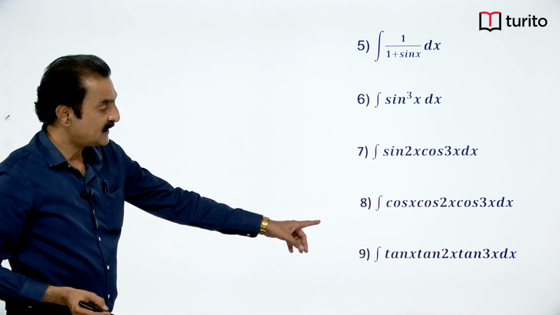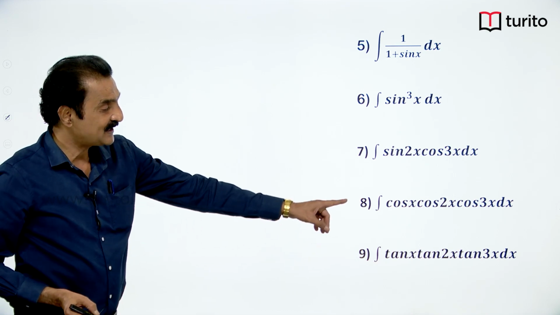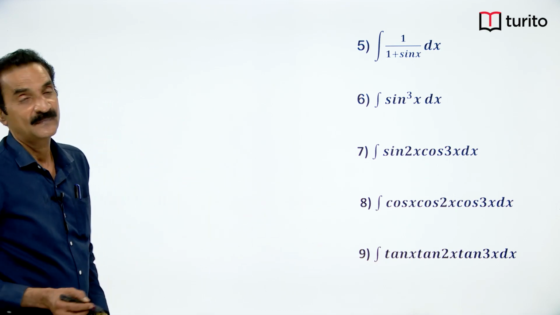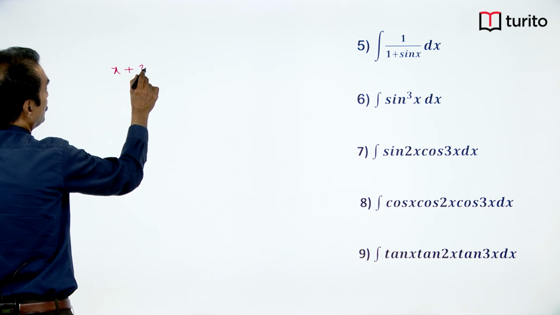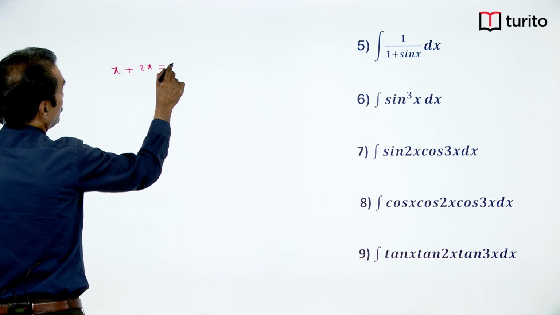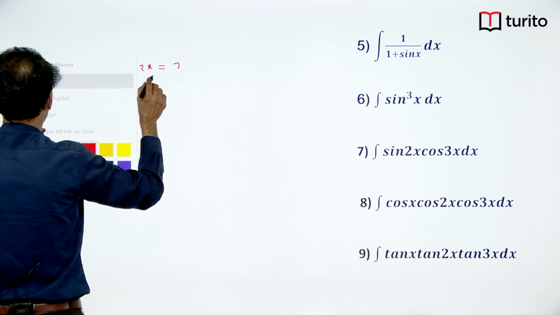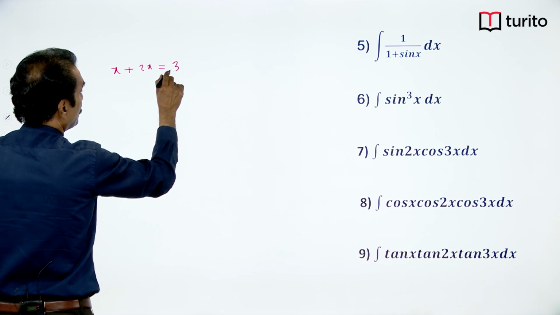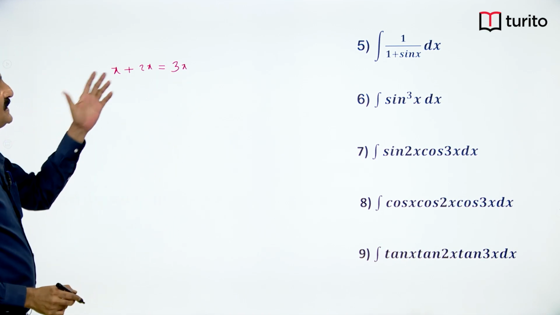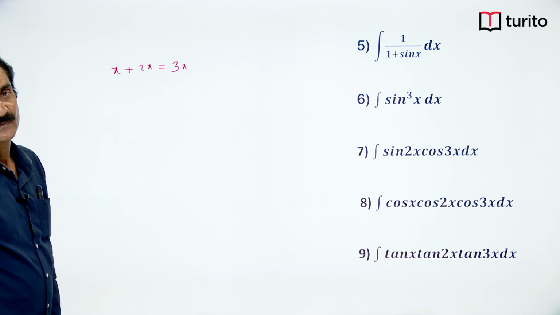First, we observe that x plus 2x is equal to 3x.